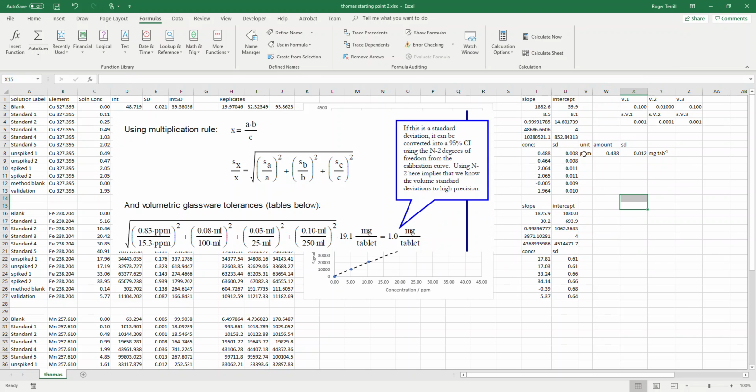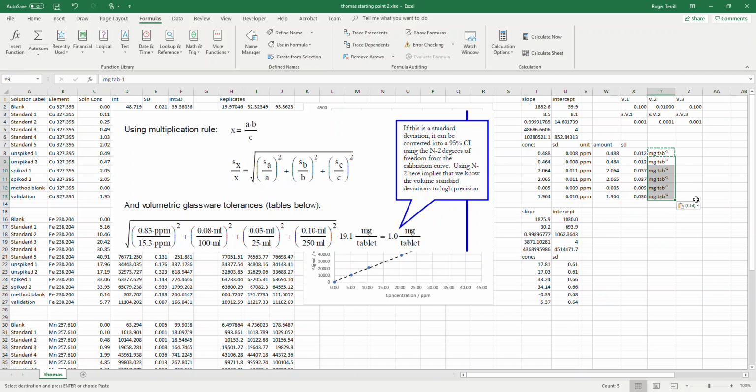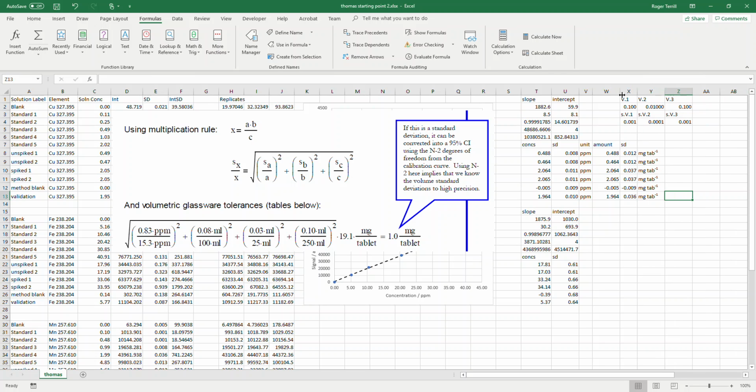So now this can all come down here. And this guy I'm going to copy in a different way because it messes up otherwise. Okay, so there, now we've got amount and standard deviation milligrams per tab for each of these, right?